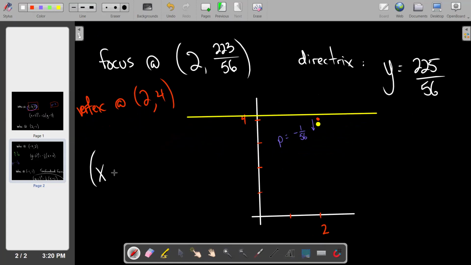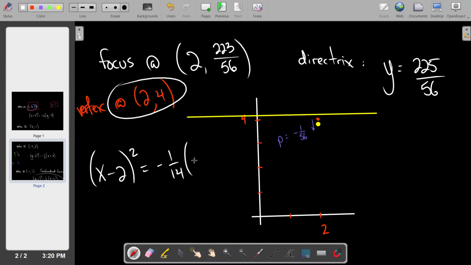Up and down. Nice. Grabbing this, equals what? Love that basic math. Negative 1/14th of y minus... And again, you should be looking at that and saying, yeah, that looks really hard, but I'm in it. I'm here for this. It's not bad.